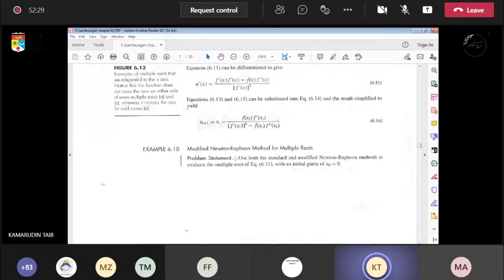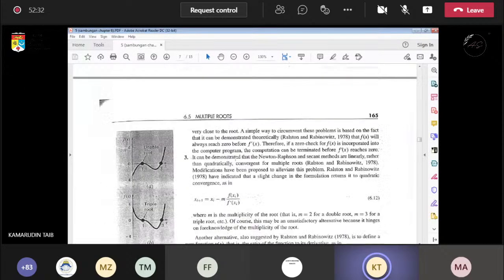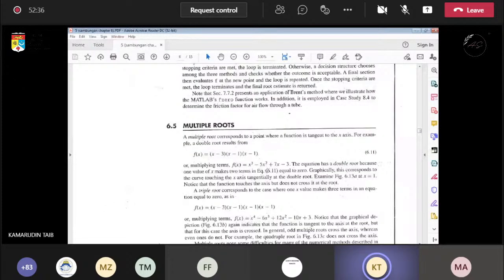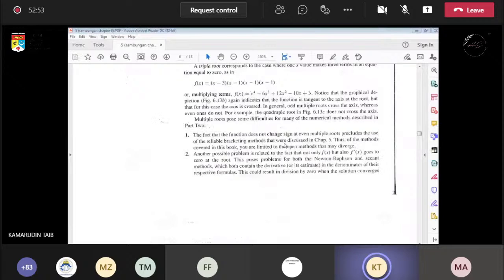So the modified equation for Newton-Raphson is given as follows. Multiple root corresponds to a point where the function is tangent to the x-axis. For example, a double root results from f(x) equal (x minus 3)(x minus 1)(x minus 1), which will have x equivalent to 3 and x is 1 twice. Right? Let's call it double root.